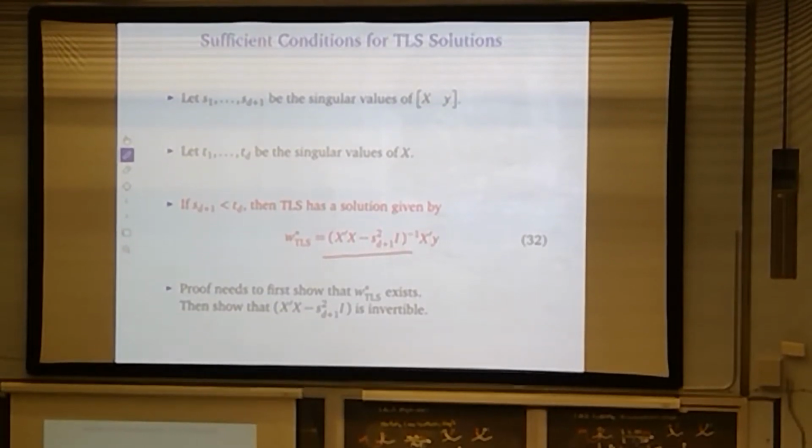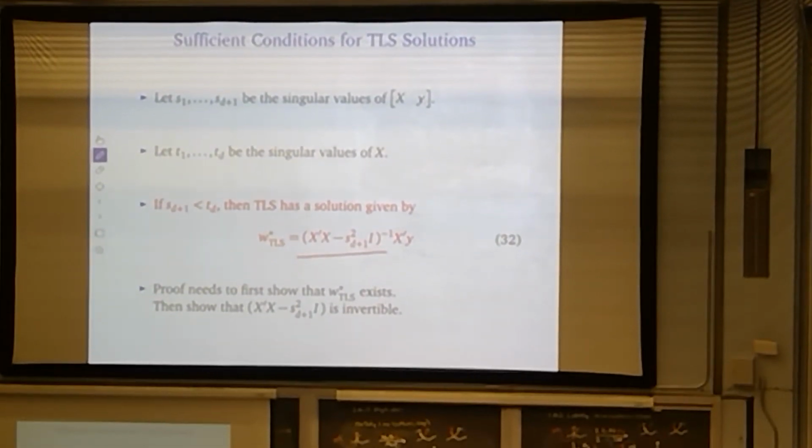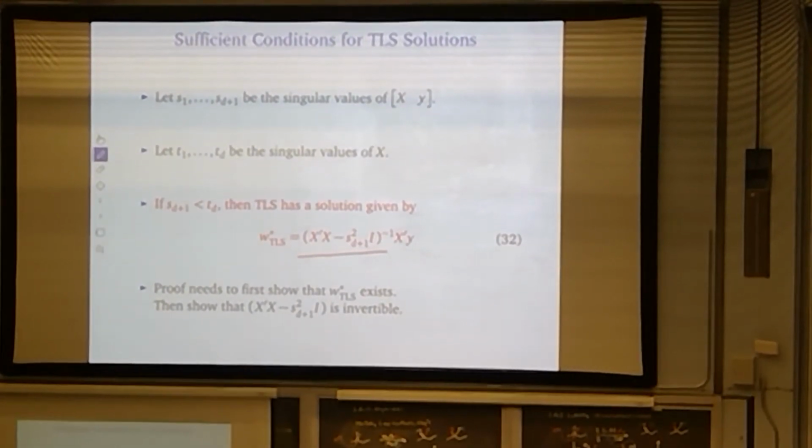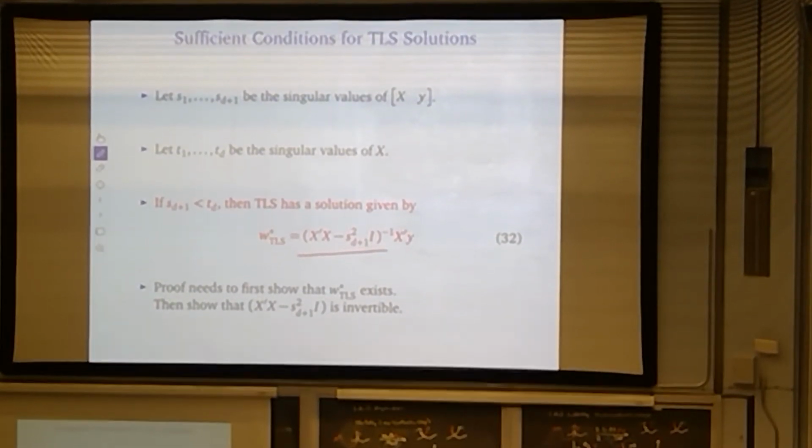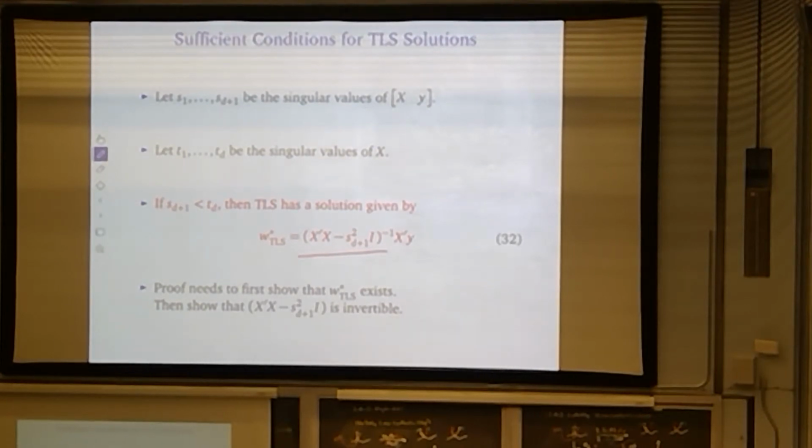Can we guarantee that? What are the conditions for that? Here, there's a sufficient condition for it. It doesn't mean that when these are not satisfied, definitely there's no solution. It just says we know for sure that if this condition is satisfied, the TLS solution exists and you can invert it. Okay, there's a closed form solution to it, and it takes this particular form. So what are the conditions?